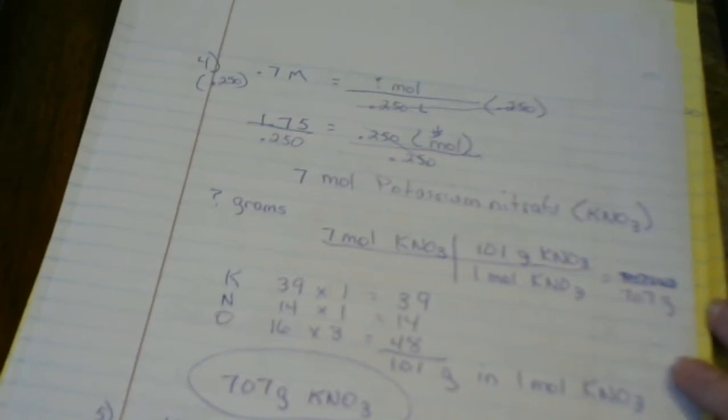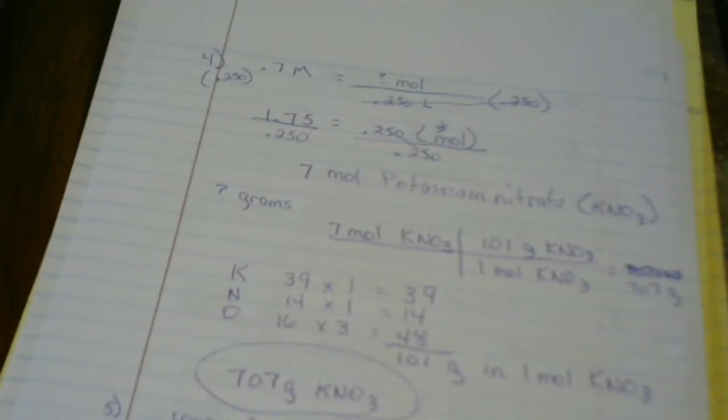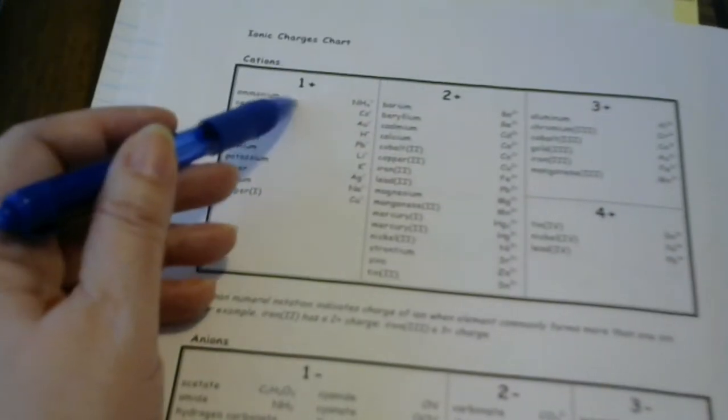Now, potassium nitrate is KNO3, and how did I know that? Well, KNO3, or potassium nitrate, is an ionic molecule. So if I'm looking at the table of ions, potassium is a cation with a charge of 1 up here.